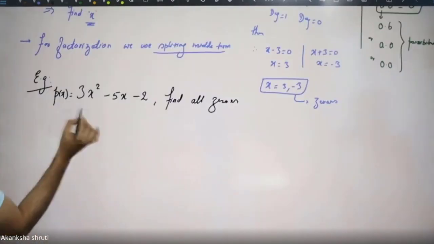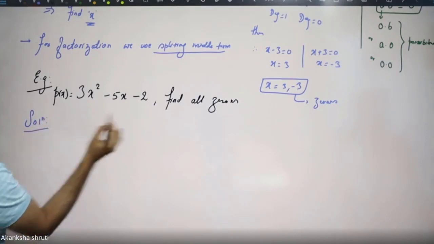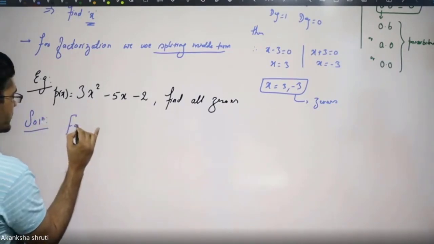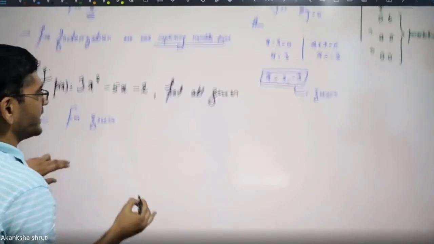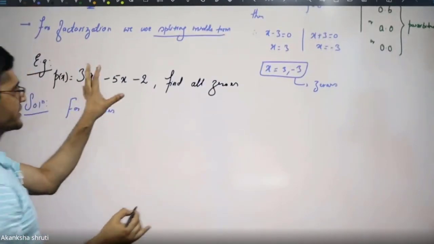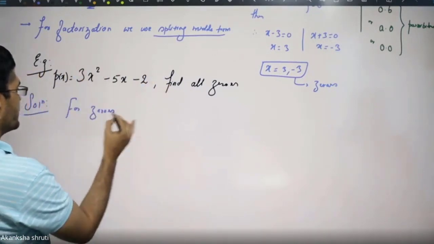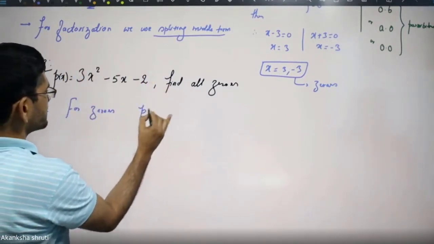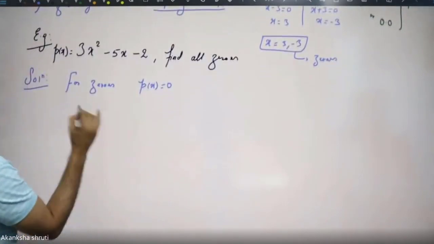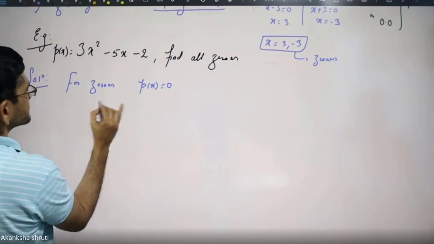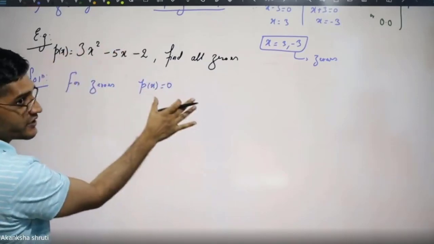So the rule for finding the zeros, understand it carefully. The most important part of this chapter is this one only. For zeros, this p(x) has to be equated to 0. Then we have to calculate all values of x. When this is equated to 0, this expression has to be equal to 0.